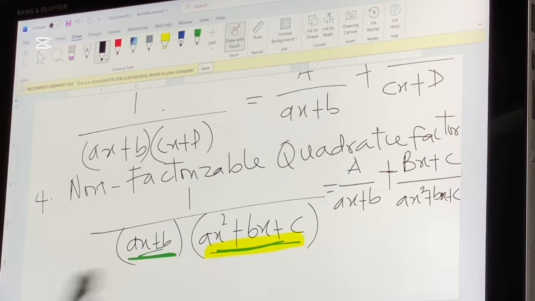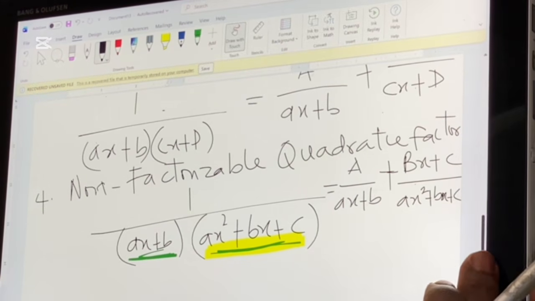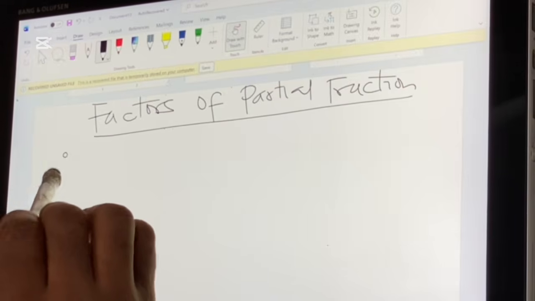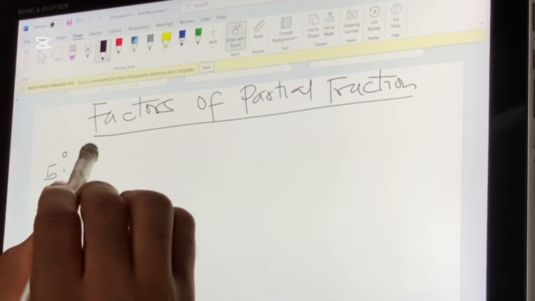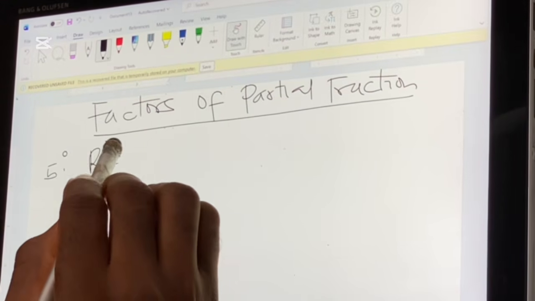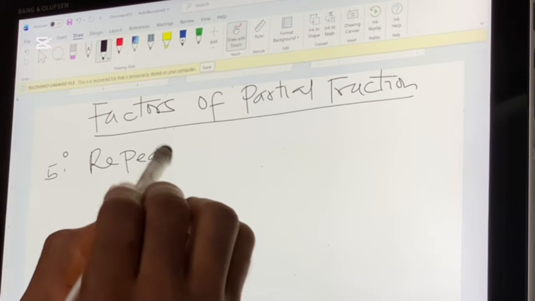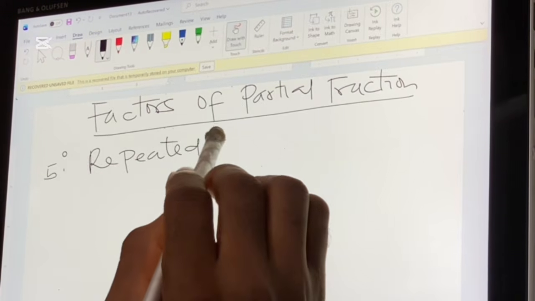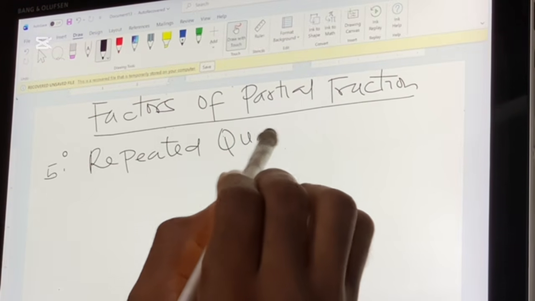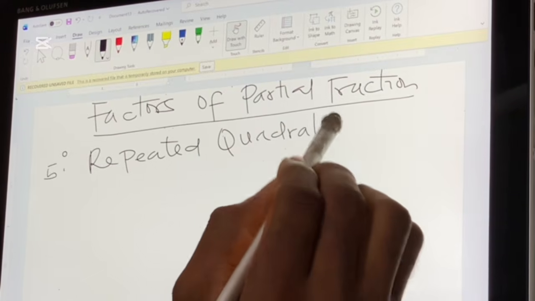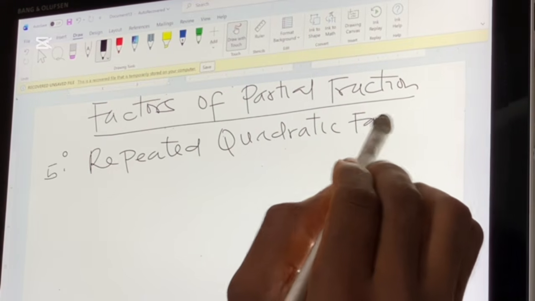Okay, now let's look into the last one before we solve the question here. Okay, the last one here, 5, repeated quadratic factor.